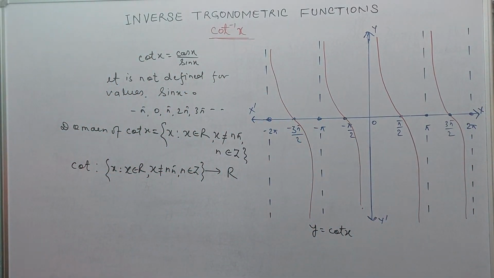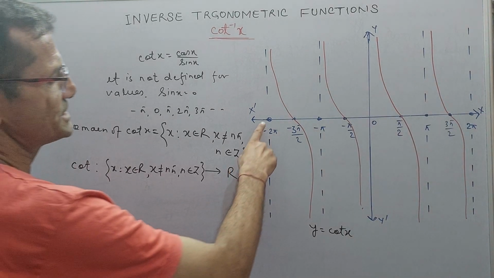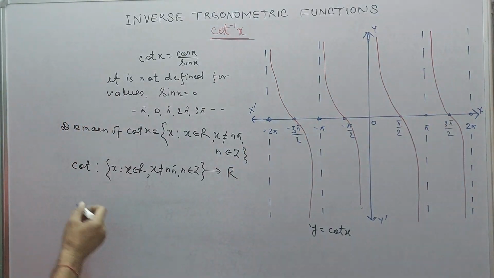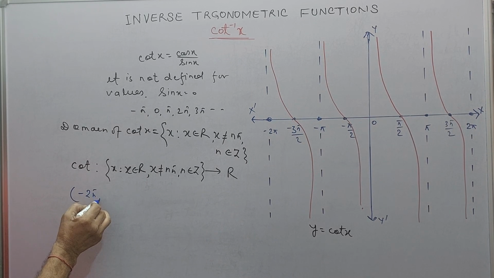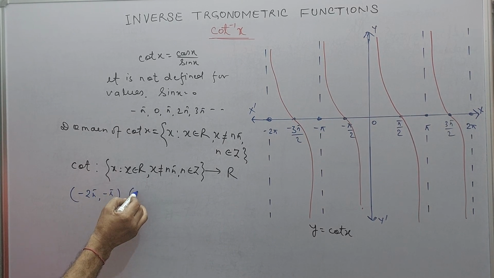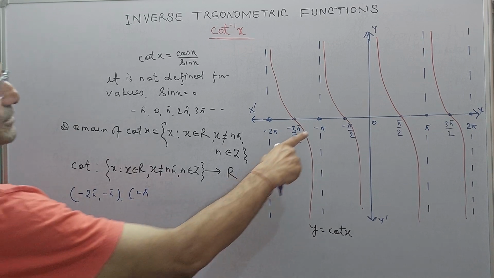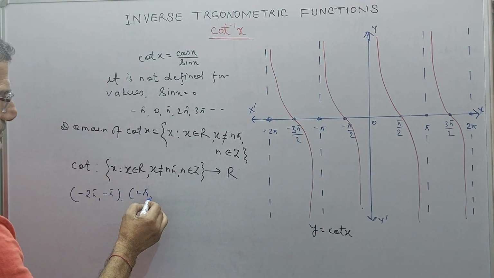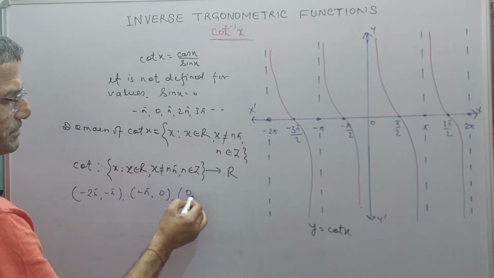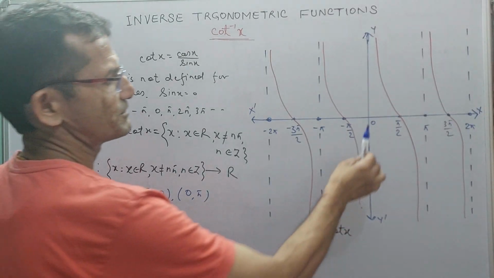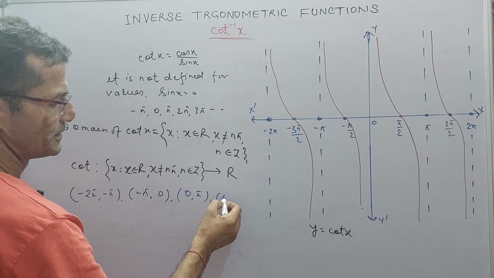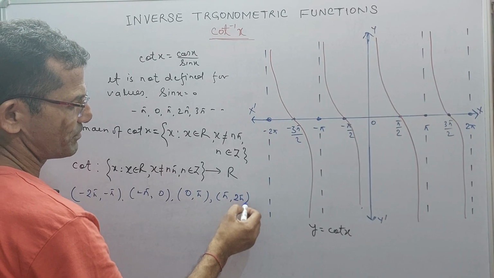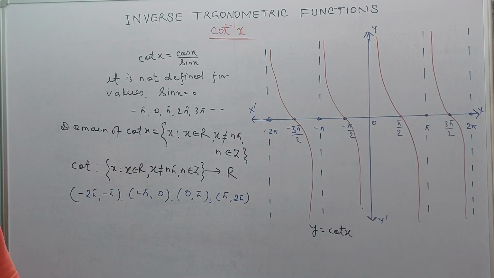If I restrict the cot function to intervals like minus 2 pi to minus pi, and minus pi to 0, and 0 to pi, and the next interval pi to 2 pi, and so on, the cot function will be one-one.